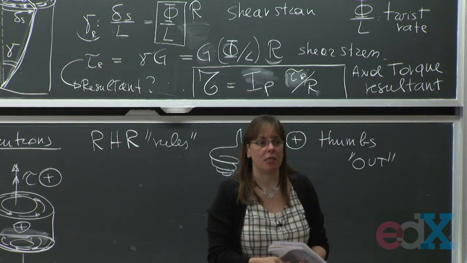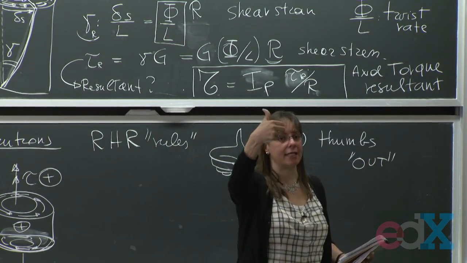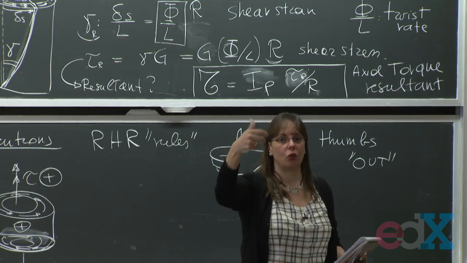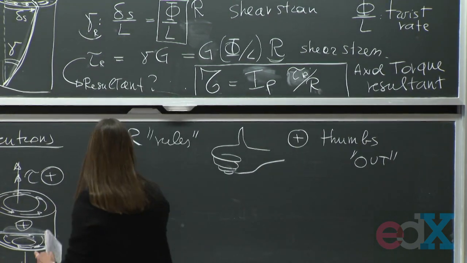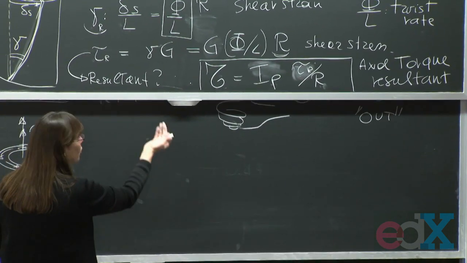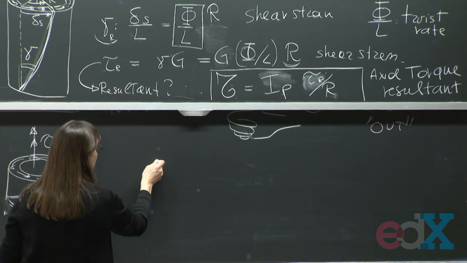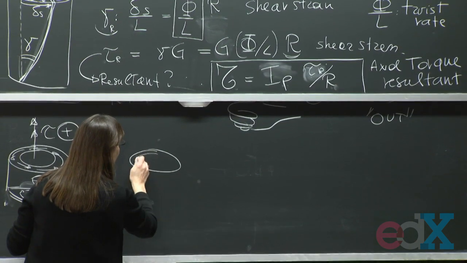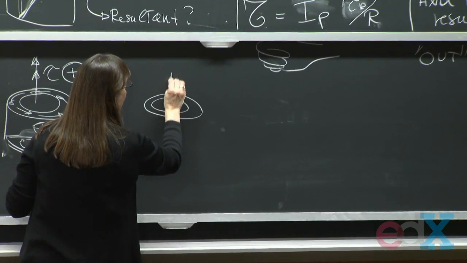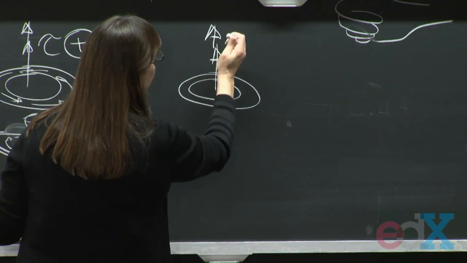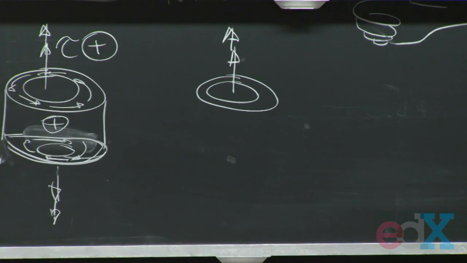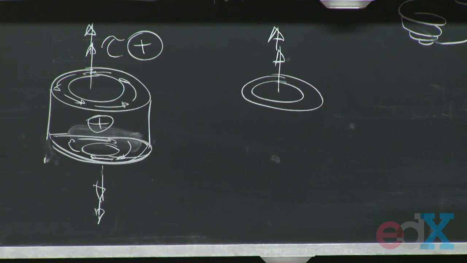This is a moment around the x-axis. The axial torque resultant is a moment around the x-axis, around the axis of the shaft. I did not even introduce an axis x yet. So if I have a shaft like this, a positive torque resultant, actually let me draw it the other way around, the way we do for axial loading.